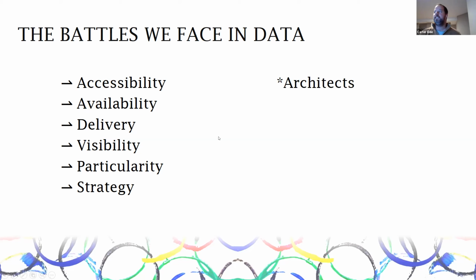For accessibility to the data, we have data architects, people that build our systems in the background, the data warehouses, the data lakes, the data lake houses in the Snowflakes and the Azure and even the SQL or MySQL worlds. When it comes to data availability, we have our engineers that have to build the different data sets and transform them together and get them to a point where they're accessible for users on a regular basis, whether that's a time period regularity or an availability of consistent sustainable data.